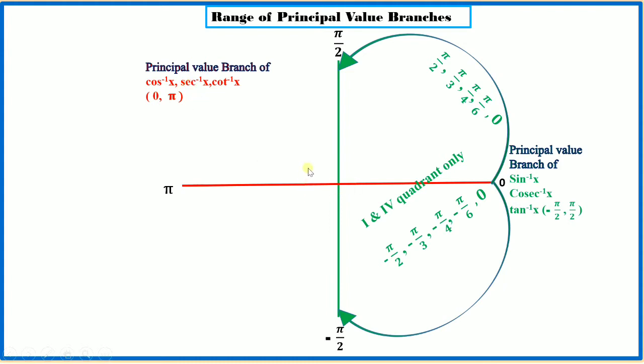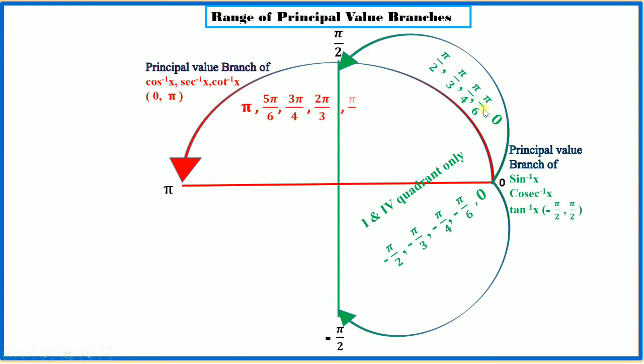So now let us know from where and up to where this particular line will belong. From 0 it will originate and at pi it will end. So that means all these angles, right from 0 to 30, 45, then 60, then 90, then 120 degree, then 135 degree, then 150 degree and then 180 degree, all these angles will be included for cos inverse x, sec inverse x, cot inverse x.